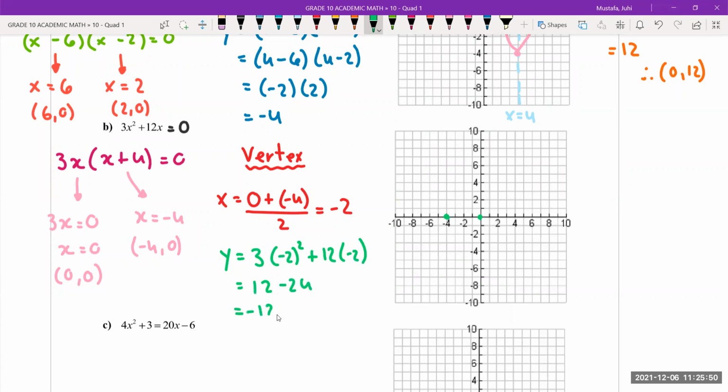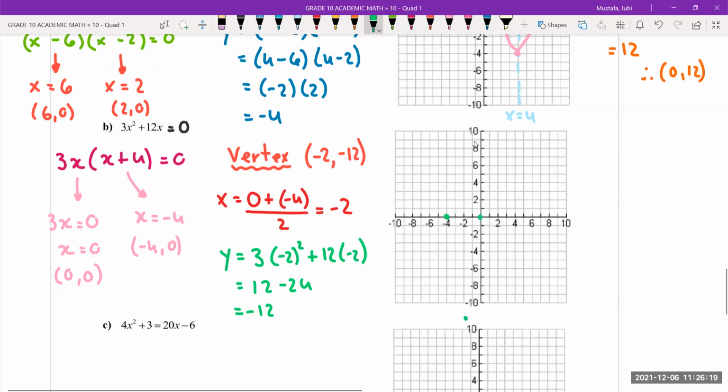And it's going to be -12. So our vertex is going to be -2, -12. So -2, this makes sense, right? -2 is right in the middle, and -12 is probably somewhere down here.